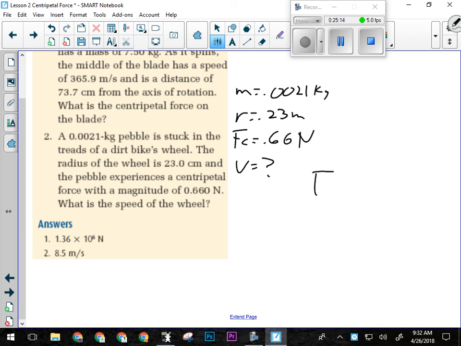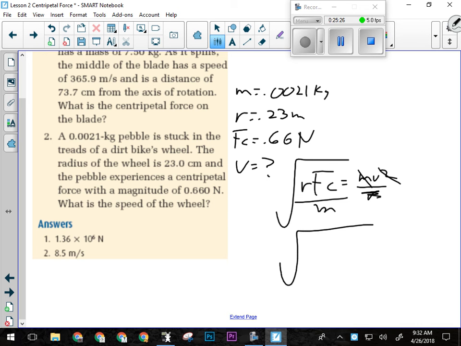FC equals mv squared over r. So we'll multiply both sides by r, divide both sides by m, and then square root to get v. So we'll have 0.23 times 0.66 divided by 0.0021.